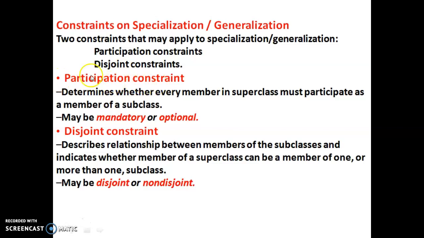What is participation constraint? It determines whether every member in the superclass, every entity occurrence in the superclass, must participate as a member of a subclass. It may be mandatory or optional.